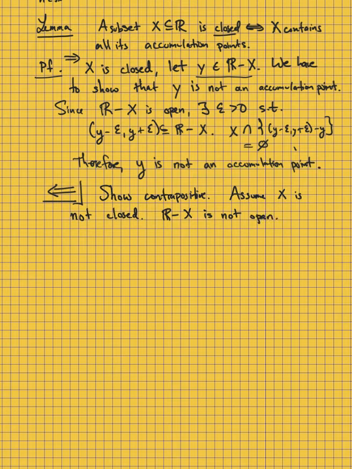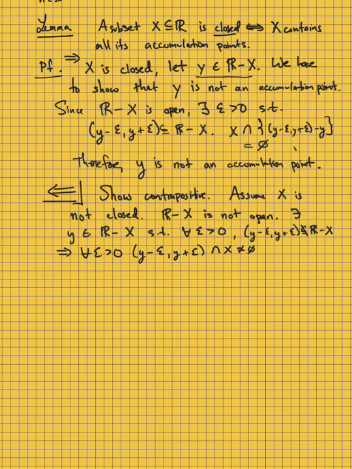In other words, there exists some Y in R minus X, so that for any epsilon greater than 0, the interval (Y minus epsilon, Y plus epsilon) is not contained in R minus X. This means for any epsilon greater than 0, the interval (Y minus epsilon, Y plus epsilon) intersect X is not empty.